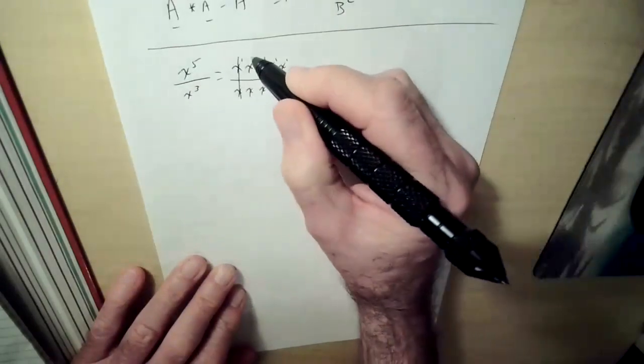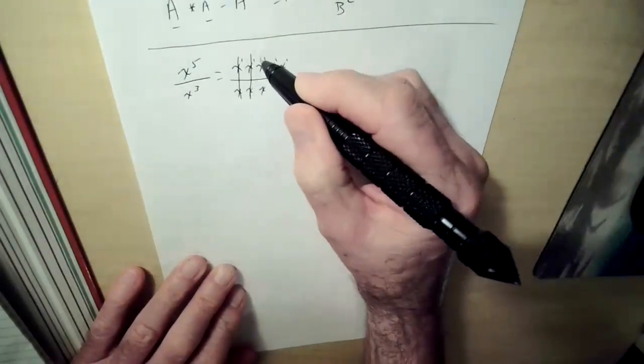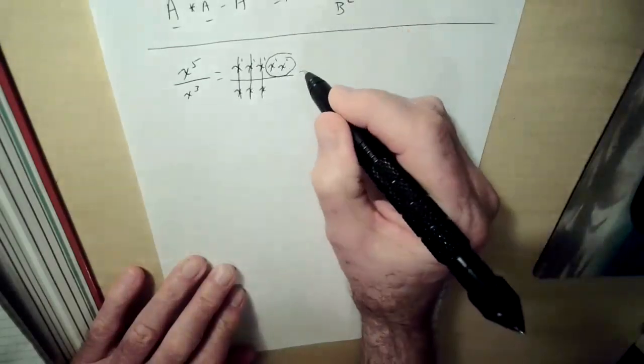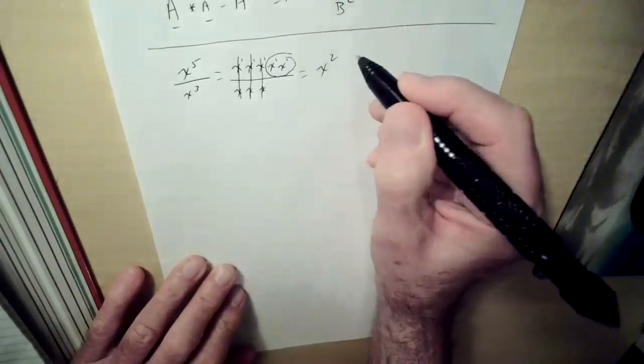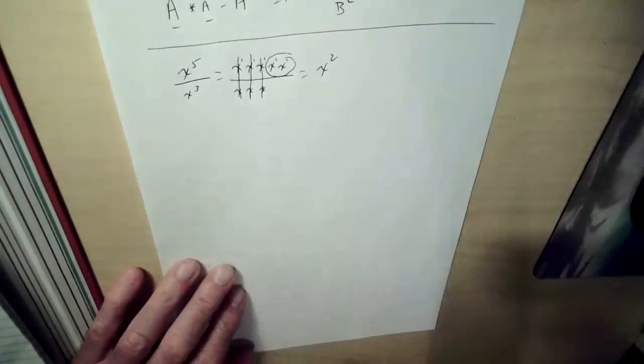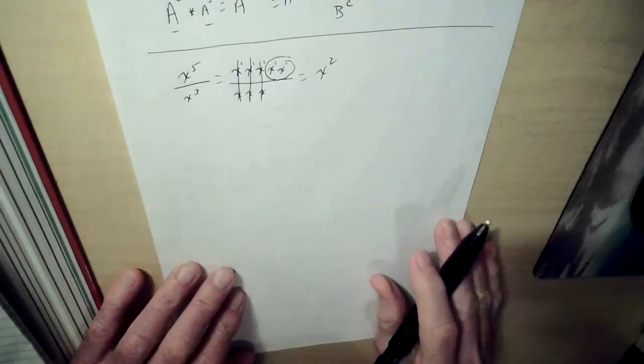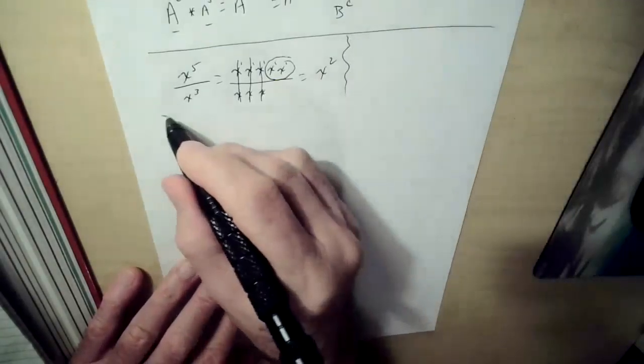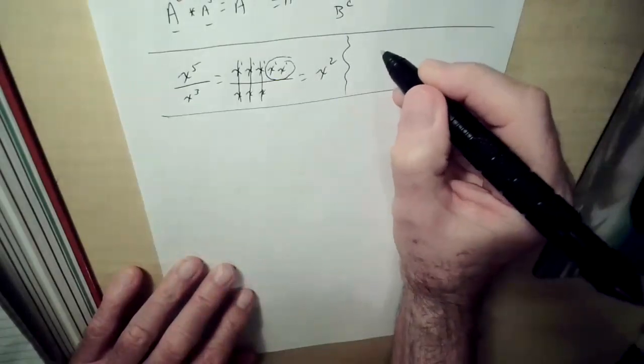Here, x to the third is x times x. What's any number times itself? 1. Same thing here, 1 and 1. What are we left with? x squared, in the numerator.